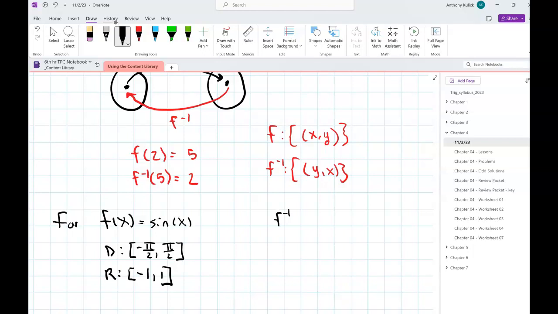So my inverse then, which we denote sine inverse of x, what do you know about the relationship between the domain and range of a function and the domain and range of its inverse? Let me lead you to this a little bit. The domain is about which coordinate, x or y? X. And when we make an inverse, what do we do to the x's and y's? Flip. So the domain for f is going to become the range for f inverse.